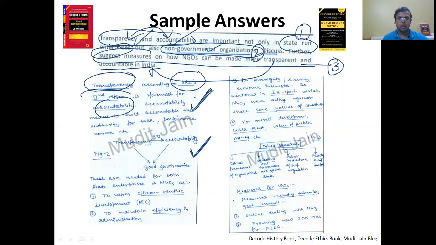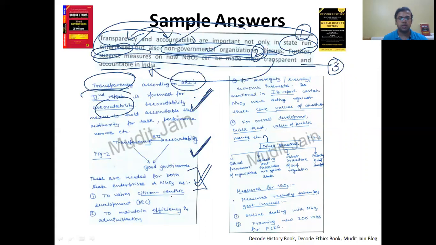But then I have committed one mistake here, that I took this entire line as one part. I could have easily divided it into two parts by dealing with state-run enterprises and NGOs separately, but I dealt with them together. So this is a mistake.